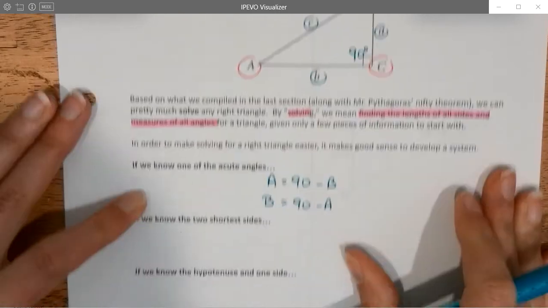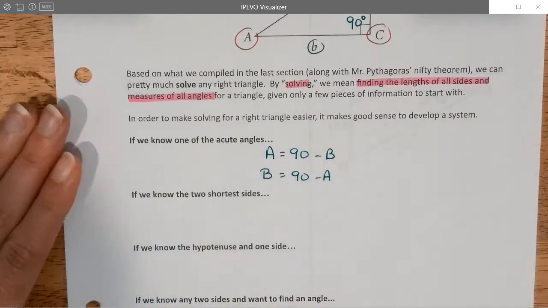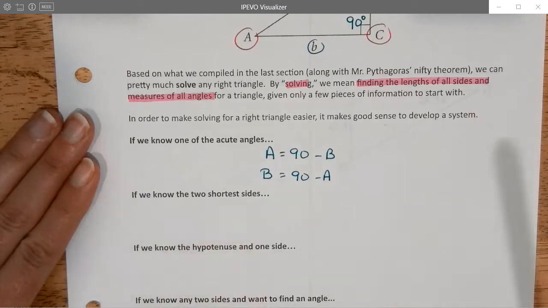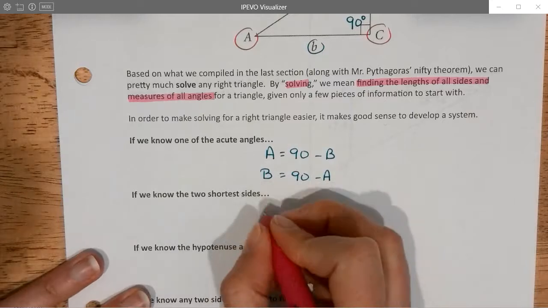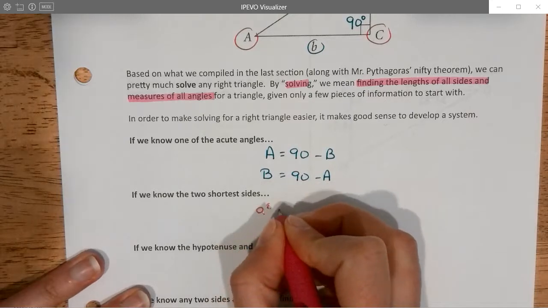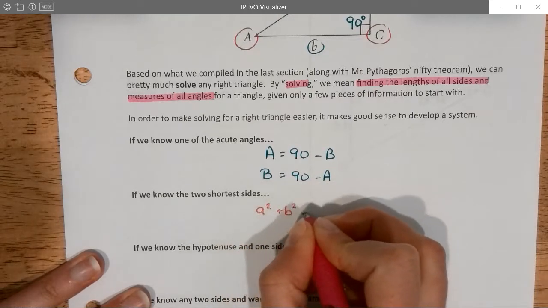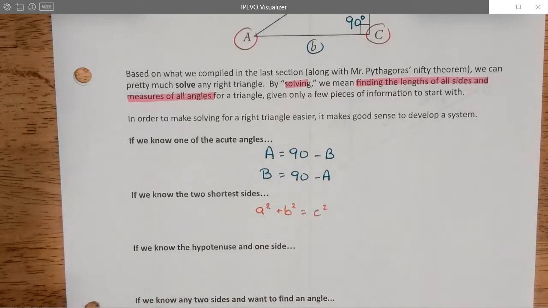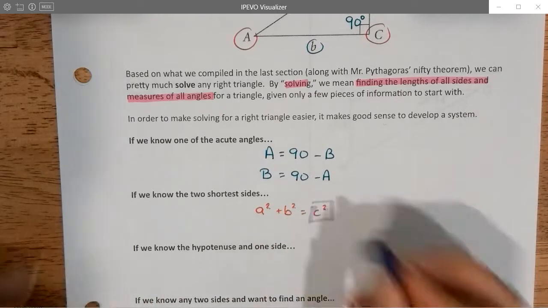If we know the two shorter sides, we can use the Pythagorean Theorem to find the longer side. We can use a squared plus b squared equals c squared, and solve for the missing side, which in this case would be c squared.